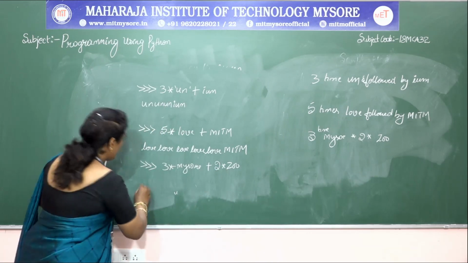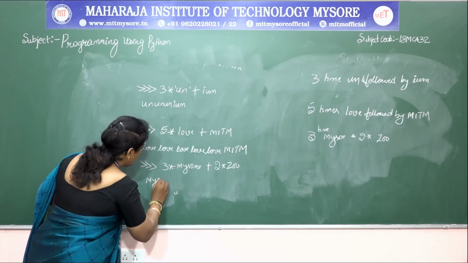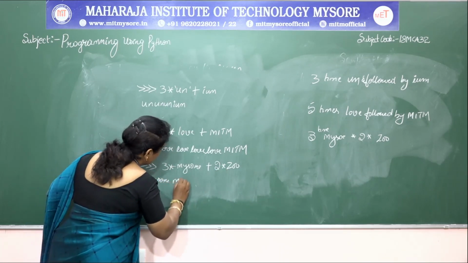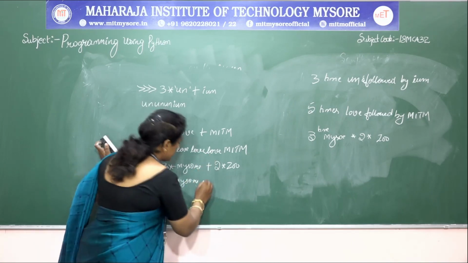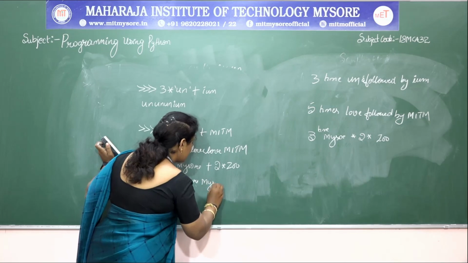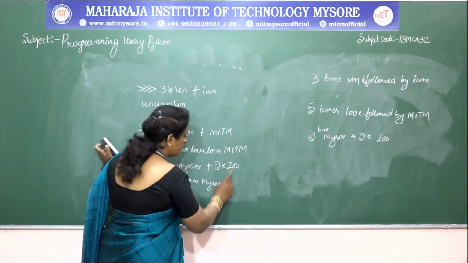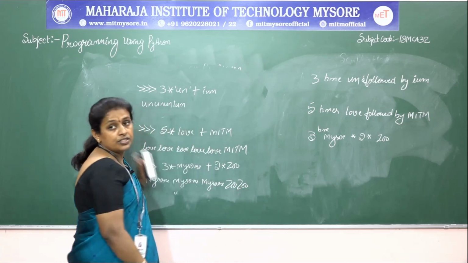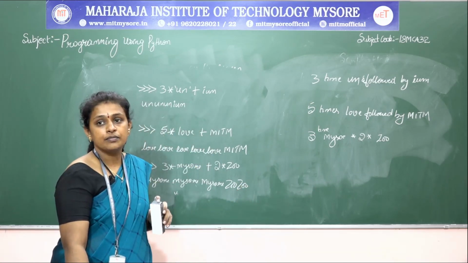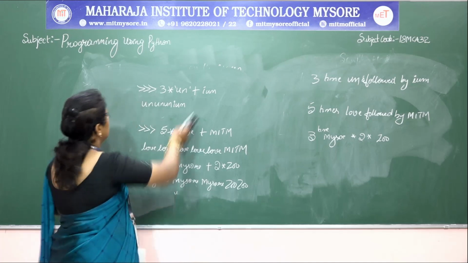Then we will get output as Mysore repeated 3 times. You won't get any spaces; I'm just giving spaces for reading purposes. Mysore, and after that 2 times zoo. So this is how you will get the answer.